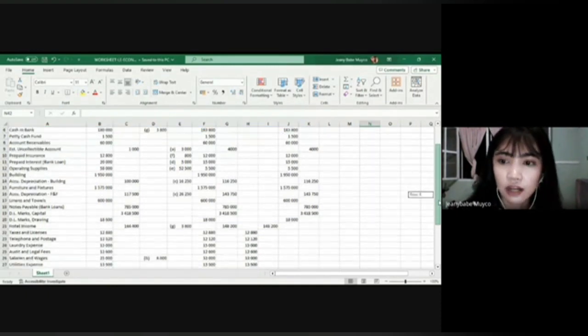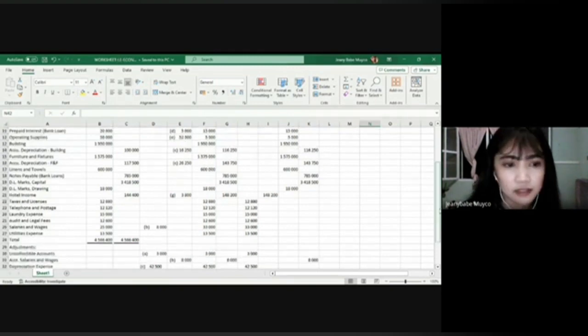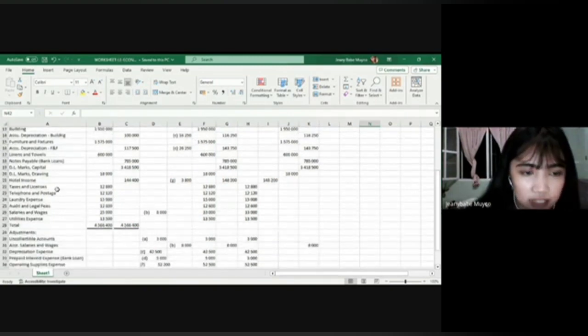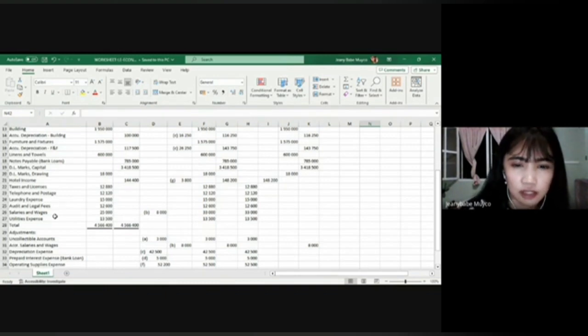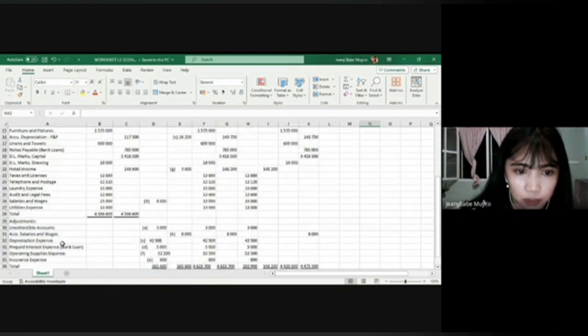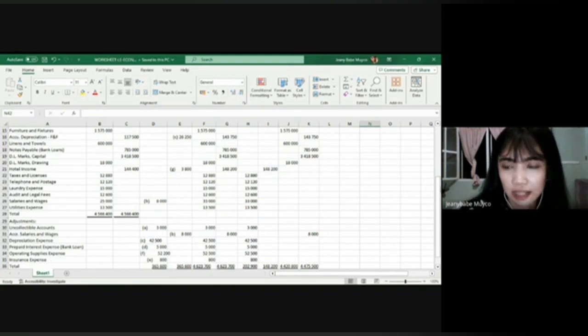And then now let's talk about the expense. We have here the taxes and licenses, telephone and postage, laundry expense, audit and legal fees, salaries, wages, utilities expense, uncollectible accounts, depreciation expense, prepaid insurance expense, operating supplies expense, and insurance expense.